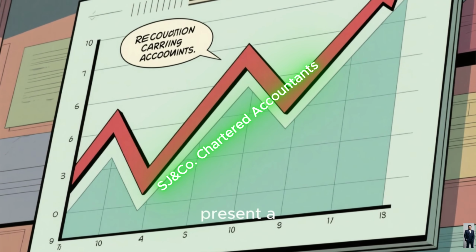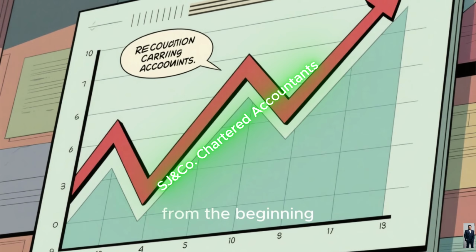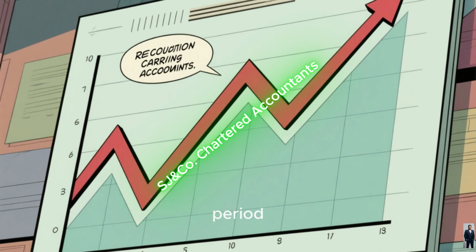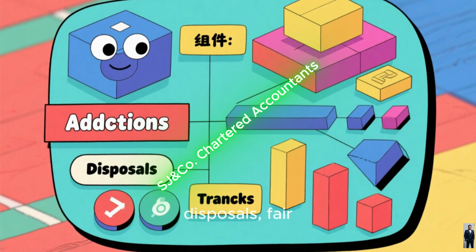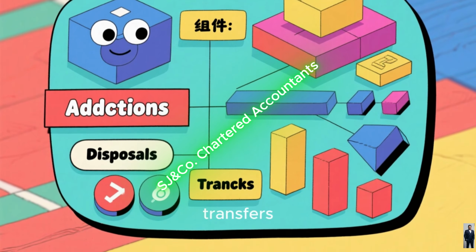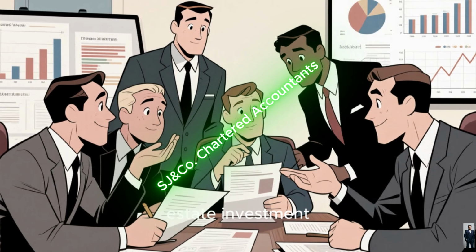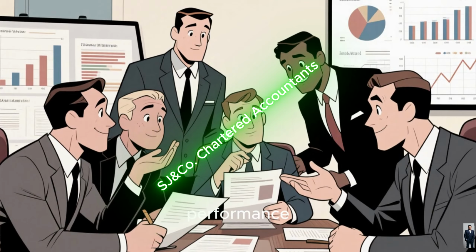They also have to present a reconciliation showing the movement in the carrying amount of investment property from the beginning to the end of the period. This shows additions, disposals, fair value gains or losses, and transfers. These disclosures give investors a clear picture of the company's real estate investment strategy and performance.